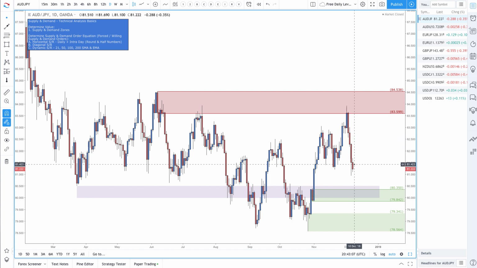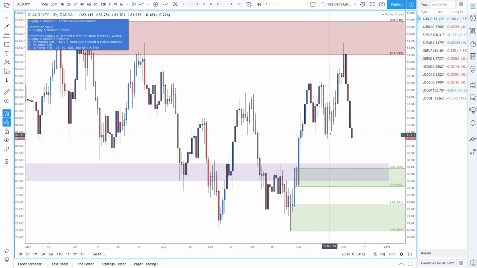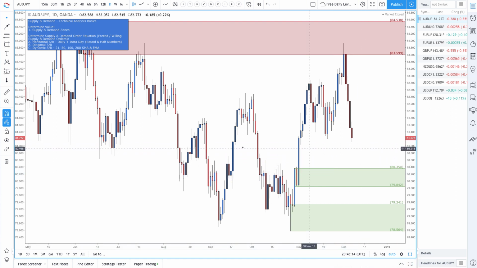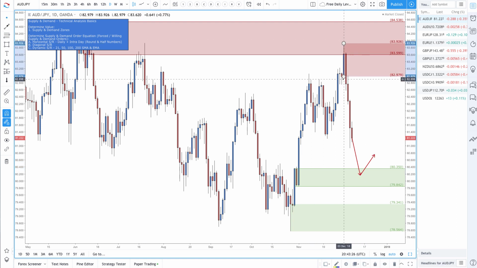It's an engulfing candle, traded daily, taking off that demand zone there. Let's delete that as well. If I'm going to be a buyer of the Australian dollar, I'm definitely going to need prices to come down into here. In fact, I'm going to put the supply zone right there.